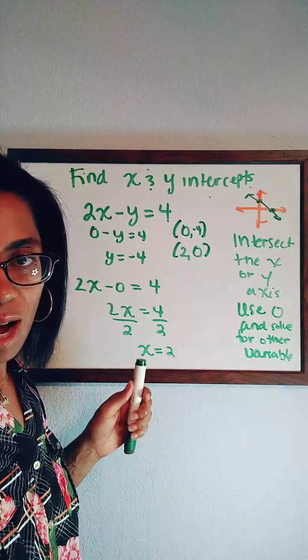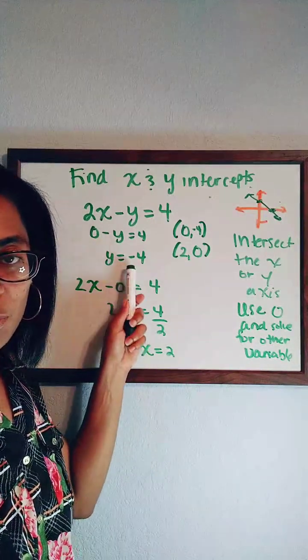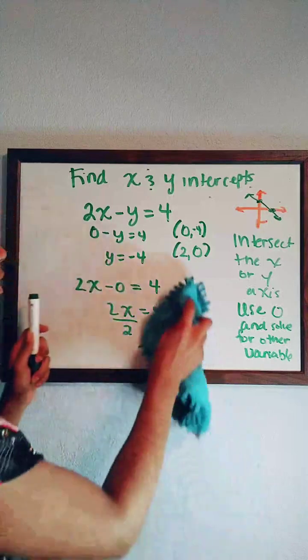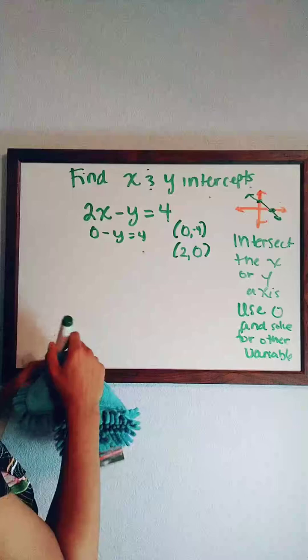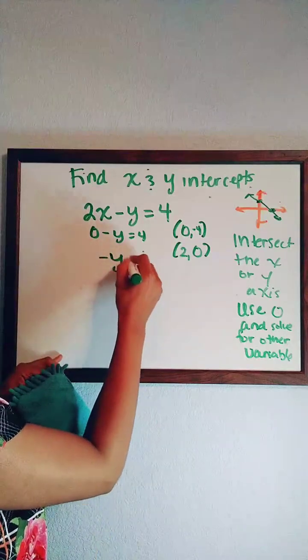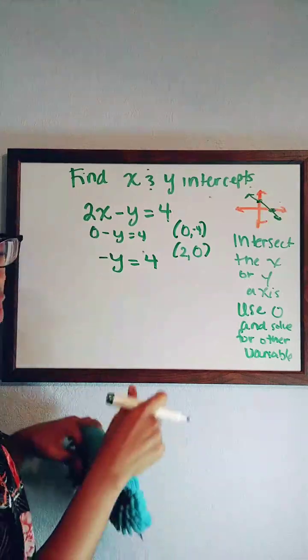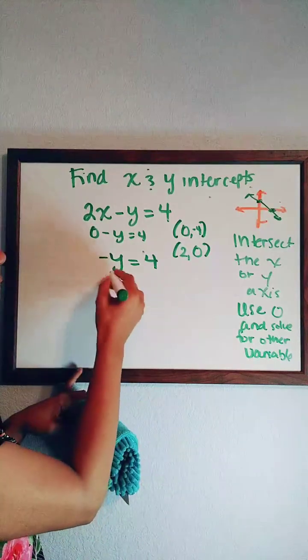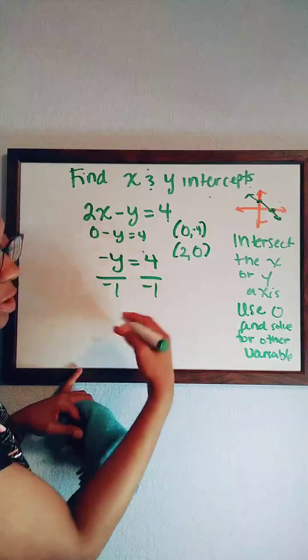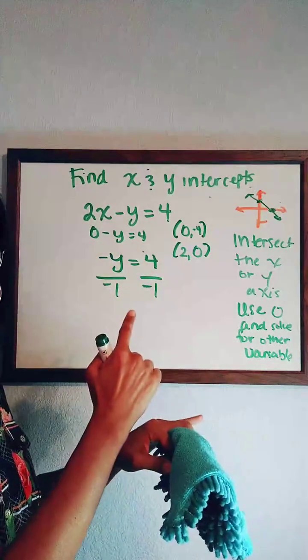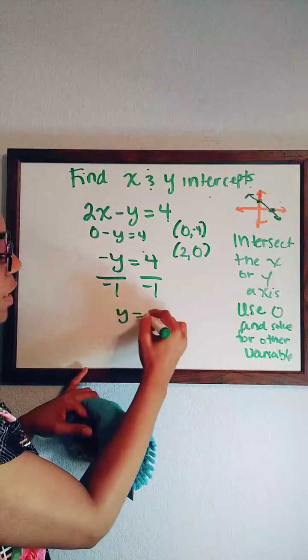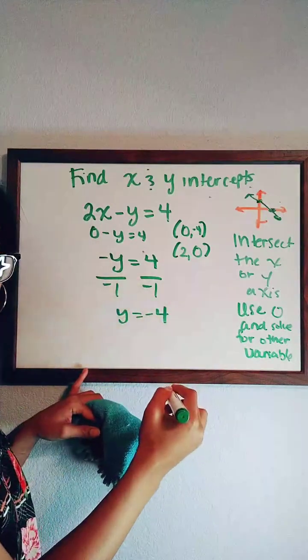How did you get y equals -4? Because up here, when you have a negative y is equal to 4, we can't have a negative coefficient. So we have to divide both sides by -1, or some people just say flip the signs. So it would be y is equal to -4.